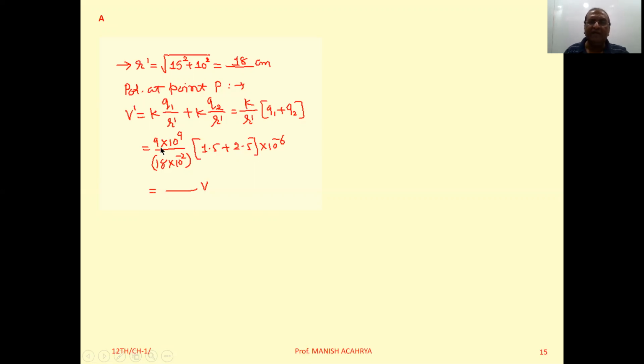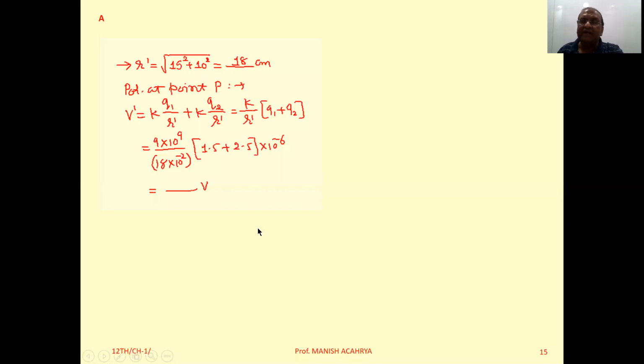Now substitute the values. k is 9 into 10 raised to 9 upon R dash, that is 18 into 10 raised to minus 2, into bracket 1.5 plus 2.5 into 10 raised to minus 6. Now solve this one, you will get the potential at point P.